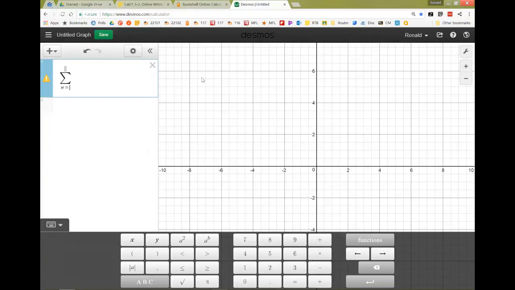So we want to go from 1, and then click up there, from 1 to 6. And then 3n plus 2. And you see Desmos has provided the answer for us there, 75. So it checks.